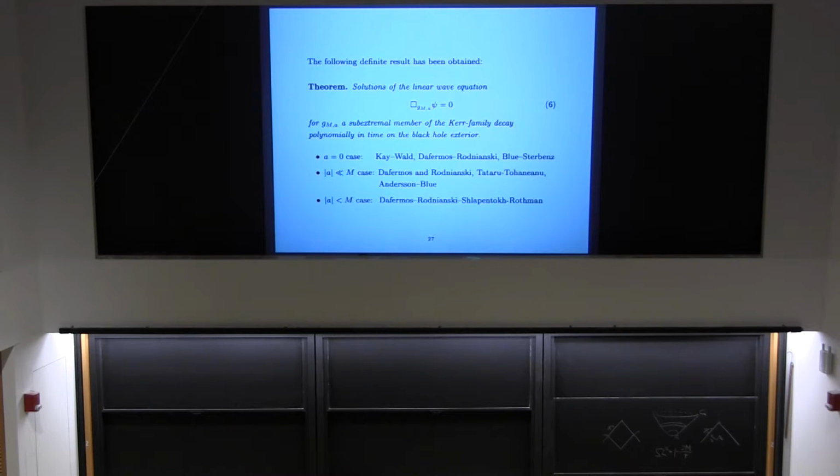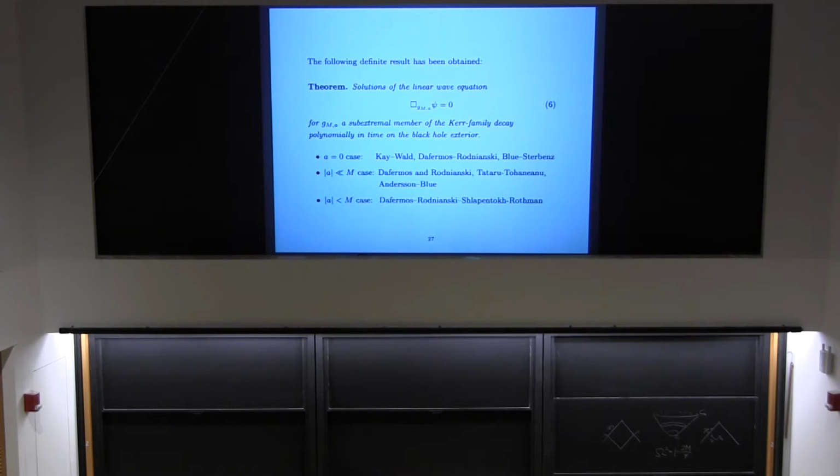And these polynomial rates are sufficiently strong to be able to deal with nonlinear problems which have a structure that you expect to see in the nonlinear problem. But it's a scalar equation, right? That's what I want to put emphasis on.